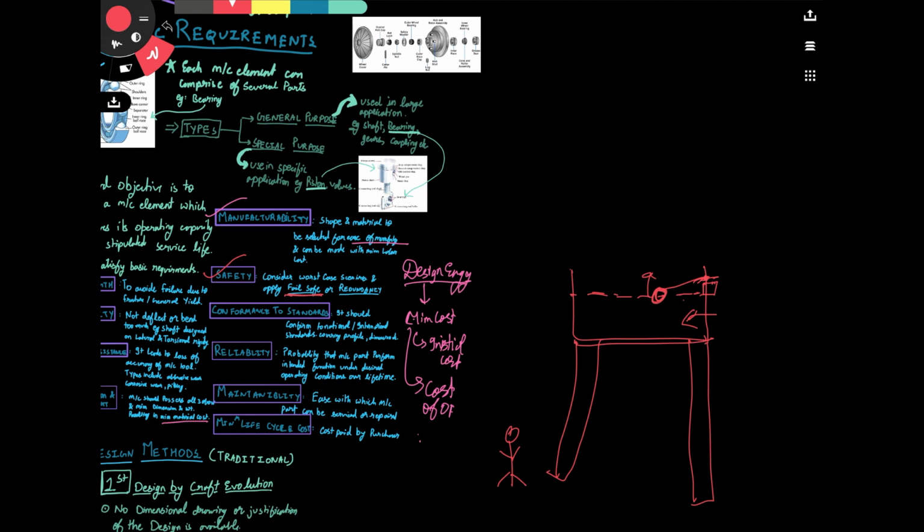What happened was the float got broken from this side. In that case the limit switch will never be able to get a command from the float. And what will happen, the tub level will always rise, and overflow from the tub will happen, and maybe the people standing nearby might get hurt, right? So this was not a fail-safe arrangement.